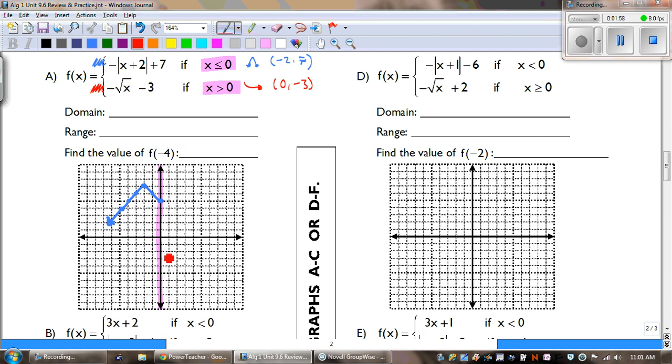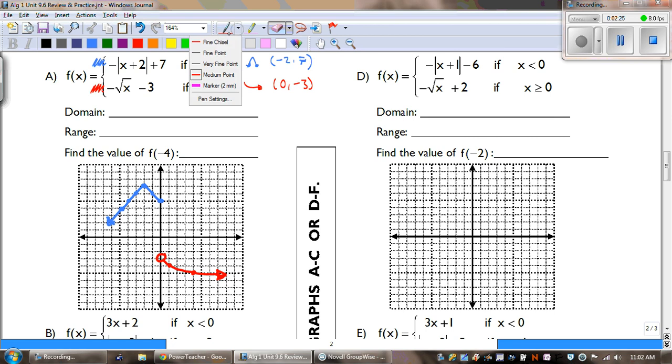My initial point is at 0, -3, and it's going to be open because of my symbol. Now I'm going to follow the pattern to the right, down 1, right 1, down 1, right 3. And there we go.